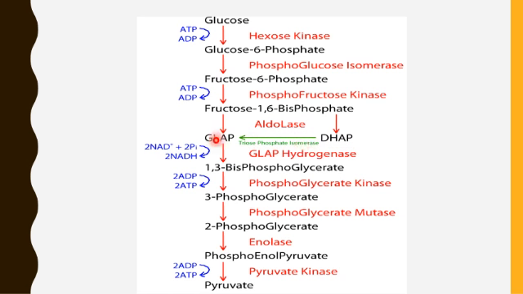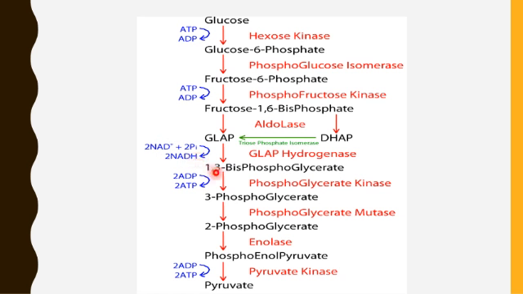Now this 3-phosphoglyceraldehyde is oxidized to 1,3-bisphosphoglycerate by reducing NAD to NADH, because hydrogen is being added, that is, it is being reduced.